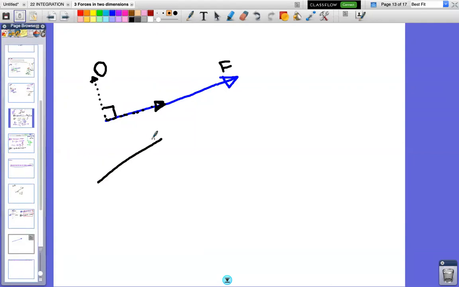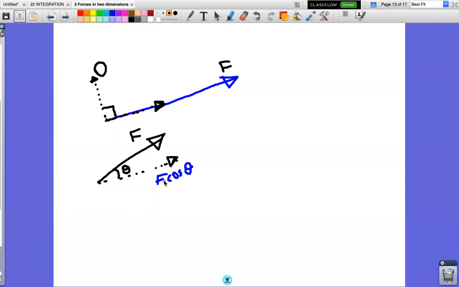If you have a force, any force, and any direction, let's say you have this force and you have this direction, if this angle is theta, the component of this force in this direction will always be F cos theta. So generally, you can resolve forces in any direction.